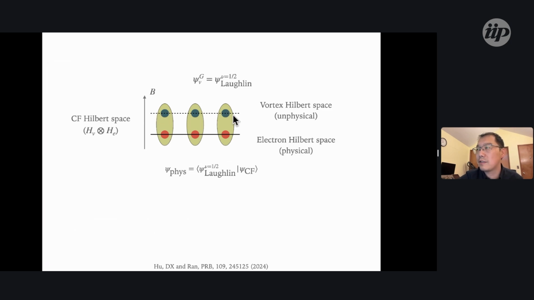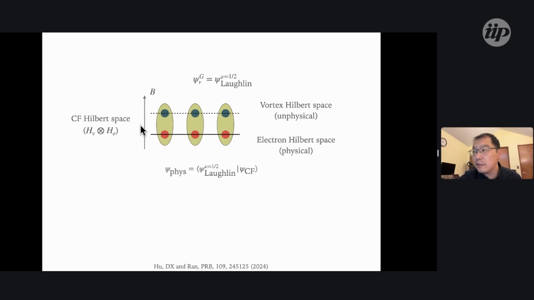The vortices live in their own lowest Landau level because they carry a different charge, decided by the electron filling factor. But in this enlarged Hilbert space, the electron and the vortex bind to form a composite fermion, and the composite fermion state can be written as a Slater determinant, which means you can actually perform a Hartree-Fock calculation in this enlarged Hilbert space.